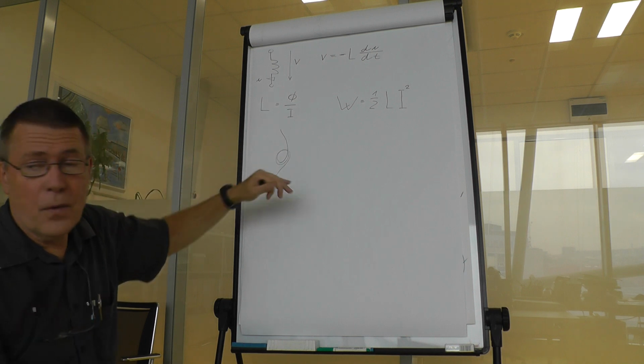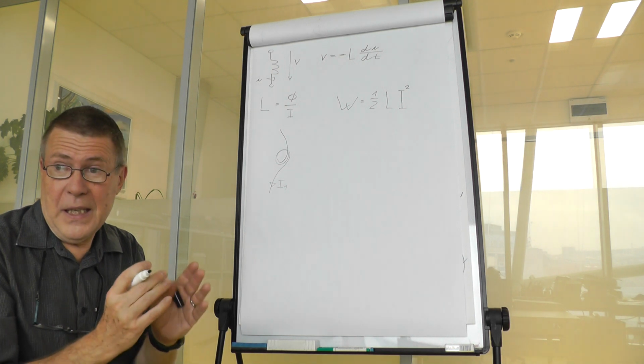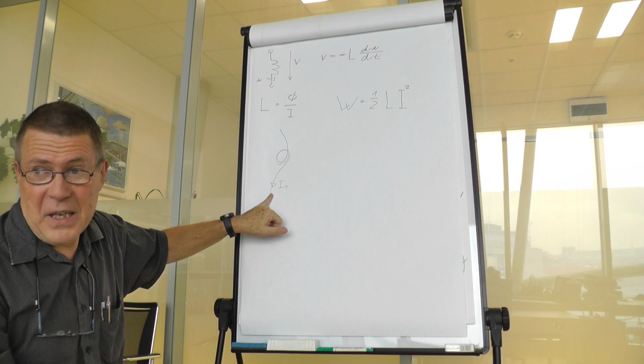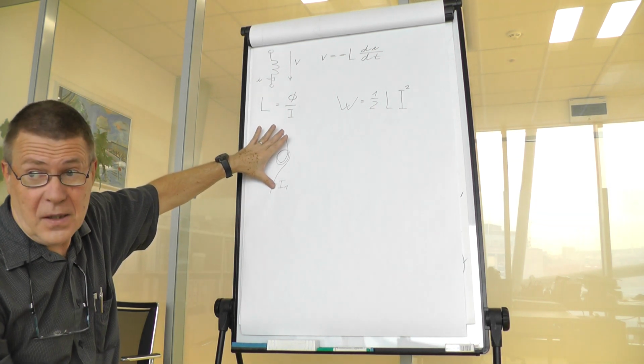This coil would create a magnetic field. The ratio between the flux and the current would establish self-inductance of this conductor.